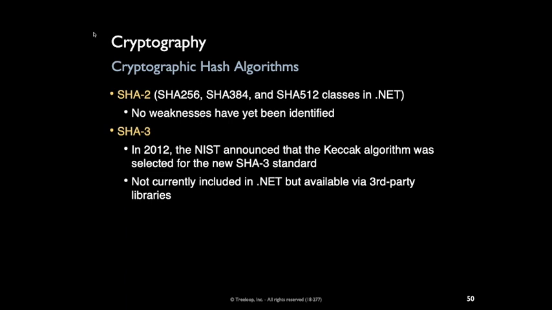And when the question was asked which hashing algorithm we used, it was SHA-256, which is one variant of SHA-2. We also have SHA-384 and 512, just bigger hash values that are produced, a little more heavy on the CPU, but not too bad. And then we have SHA-3, which is the newer one that you can get via a third-party library, but is not built into the .NET framework as of yet.